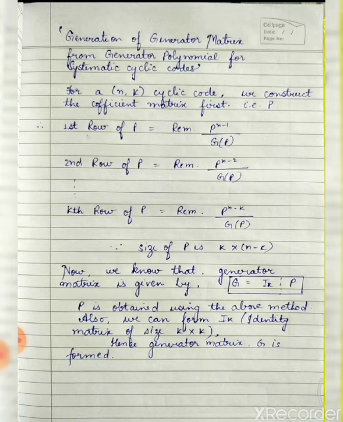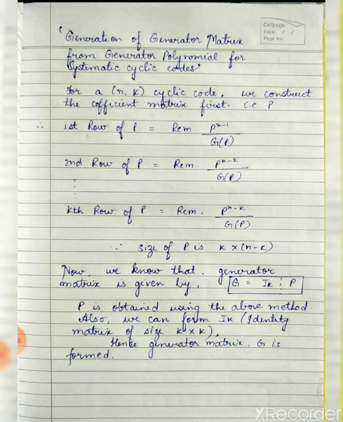How many rows will we have for the coefficient matrix? We know that the size of the coefficient matrix P is k cross n minus k, which means the coefficient matrix has k rows. Rows means horizontal lines, and the coefficient matrix will have n minus k columns. Columns means vertical lines of the matrix.